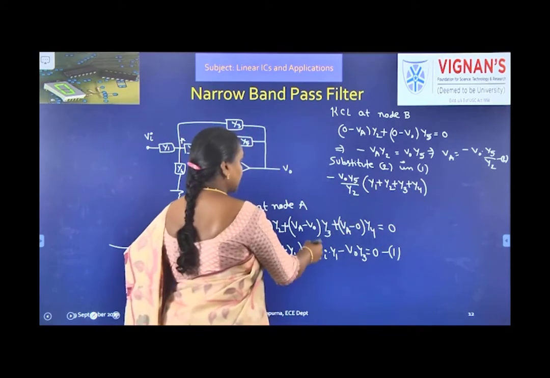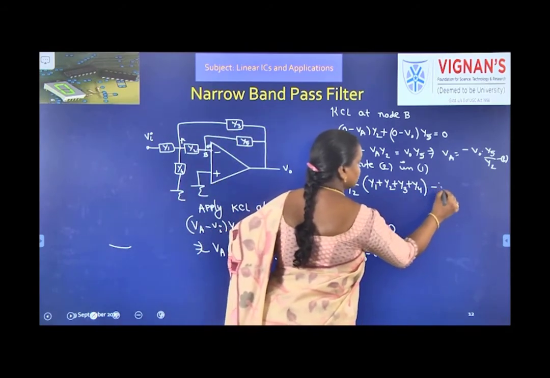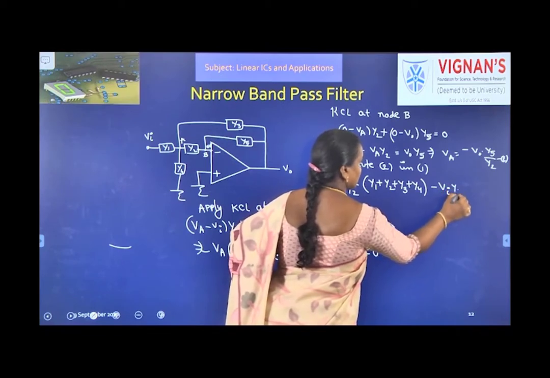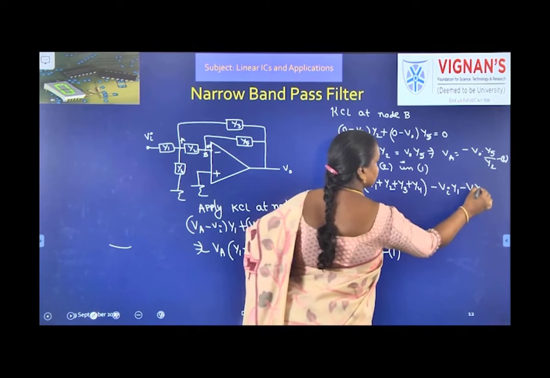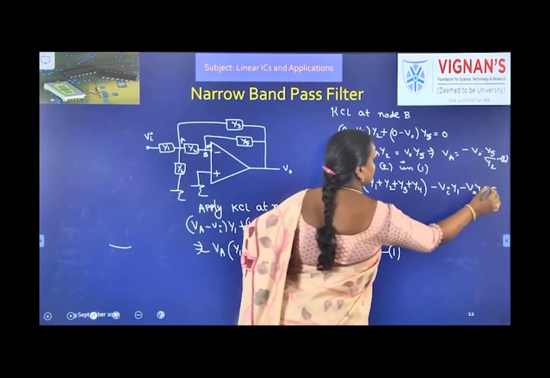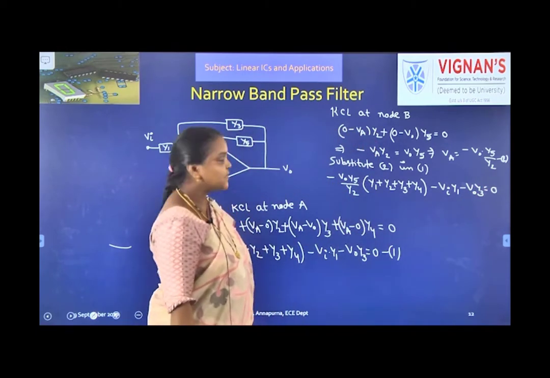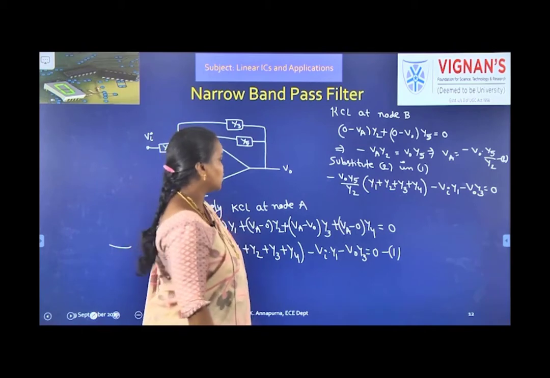Okay. Next, minus VI Y1 minus VI Y1 minus V0 Y3 is equal to 0. So, from this we need to find the V0 VI relationship.